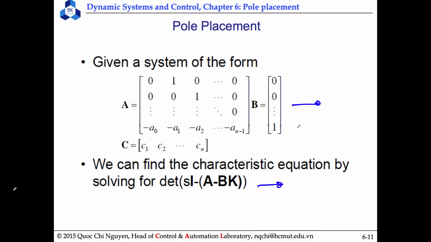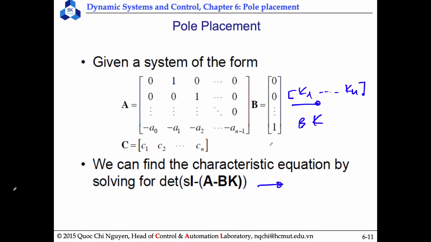So we take the B and multiply it with K. K goes from k1 to kn, right? If we multiply this matrix with this matrix, what is the result?